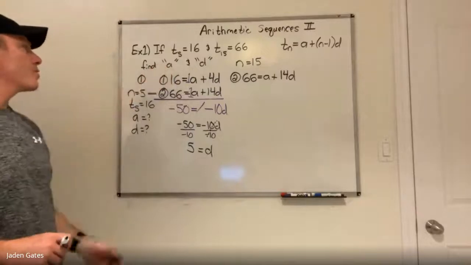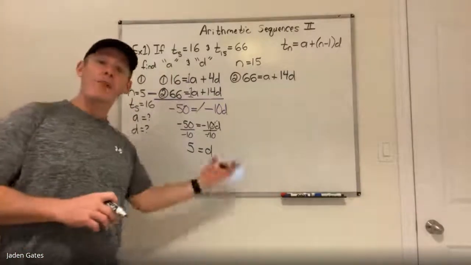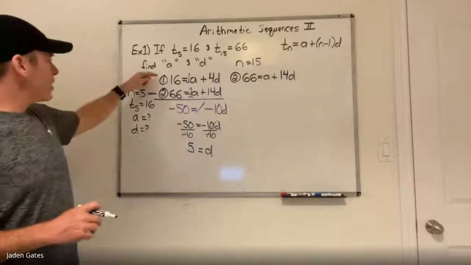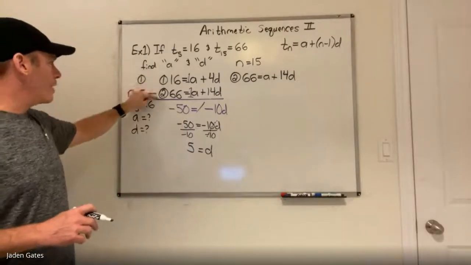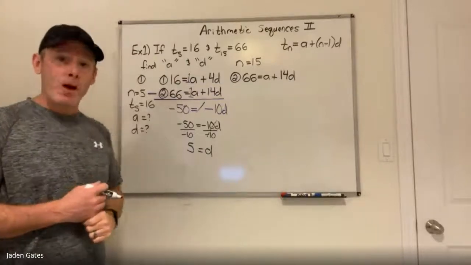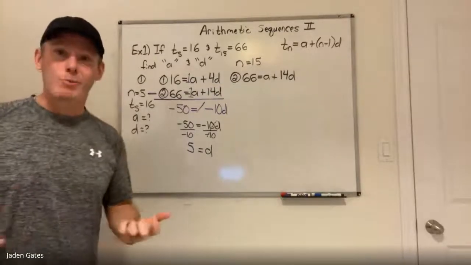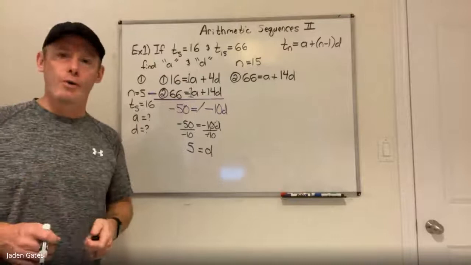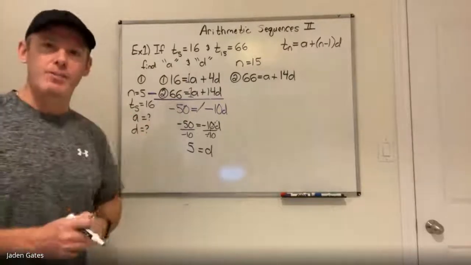So here's what I can do now that I know the D. I can substitute it into one of these equations, either one or two, and I get my A value. I'm going to pick equation number 1 because of smaller numbers. Does it matter? No. It's going to be the same A because they're part of the same sequence.